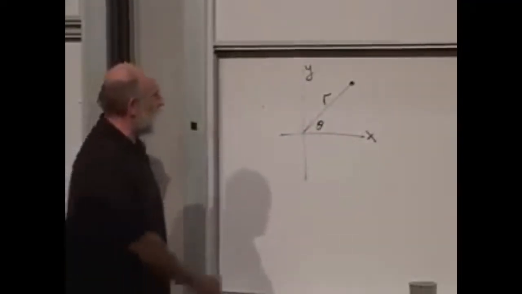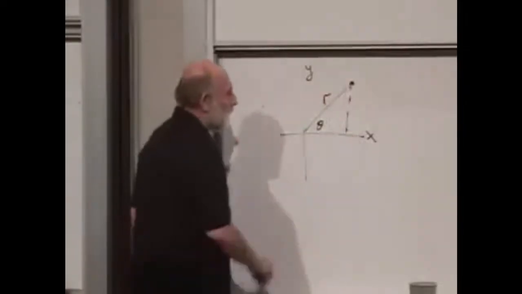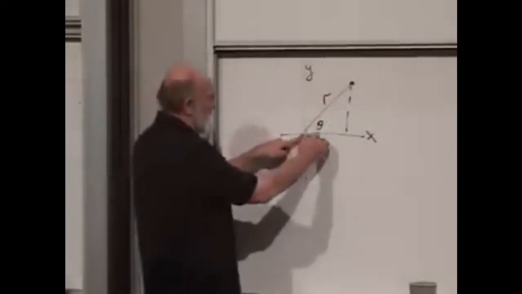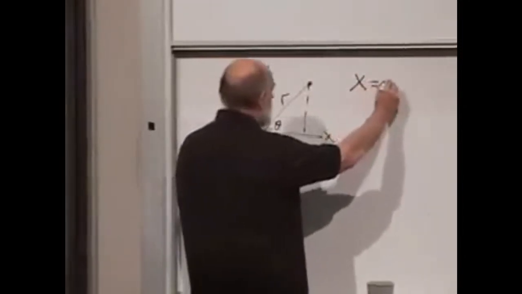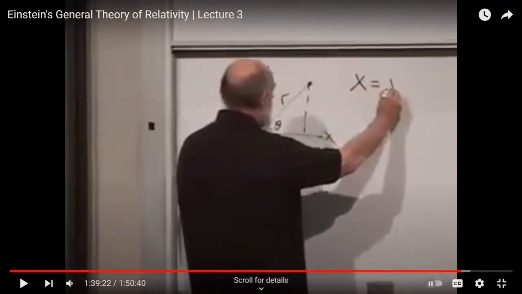That's easy. You just drop a perpendicular here, and the x location of this point, given r and theta, is r cosine theta.